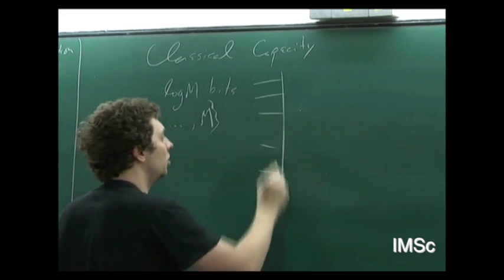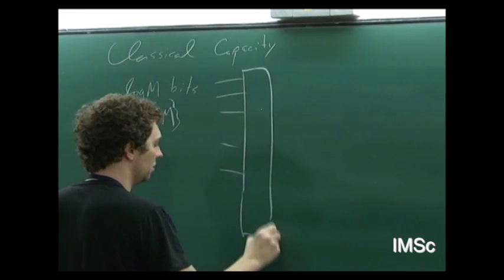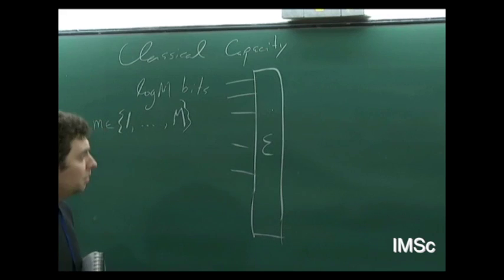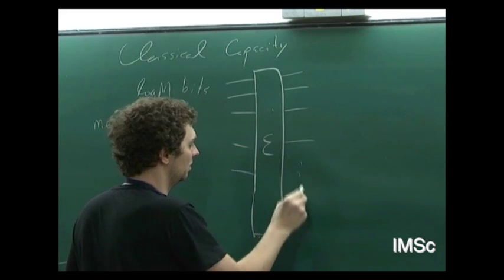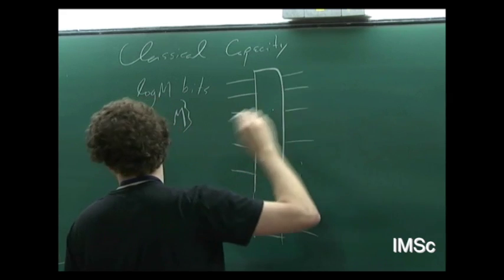And we want to do some encoding of that information into many copies of the inputs of our noisy channel.